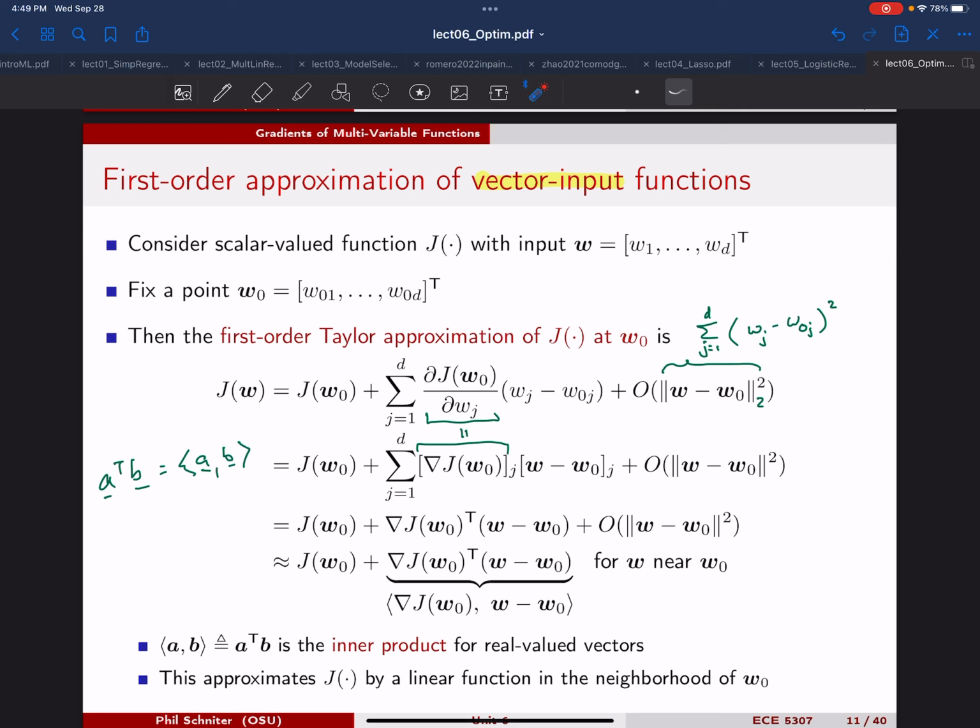And that's how you would define the inner product for that vector space. So the exact form of the inner product depends on what kind of vectors you're working with. This is how it manifests for real valued vectors. Okay. So anyway, at the end of all this, this is our linear approximation, like this or like this, either way.